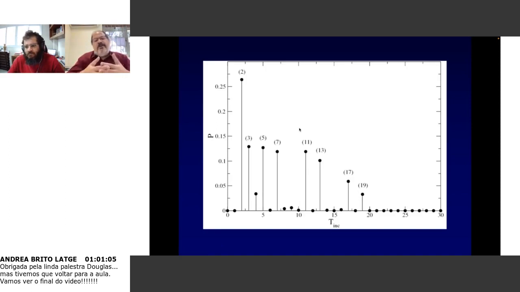This is what we use as a key in cryptography, in public cryptography on the internet. Multiplying prime numbers and decomposing them becomes increasingly difficult as you increase the value of the prime number.